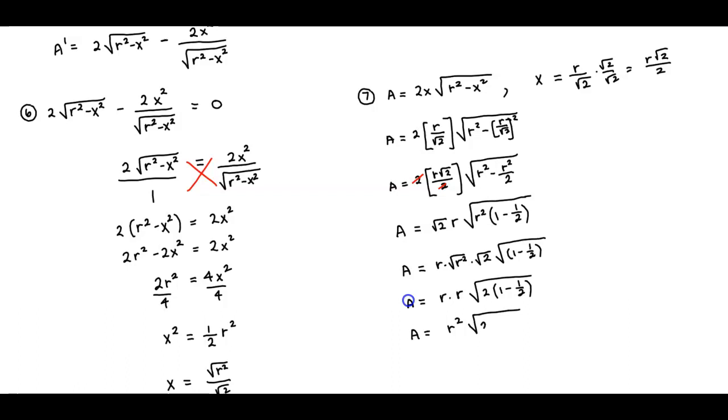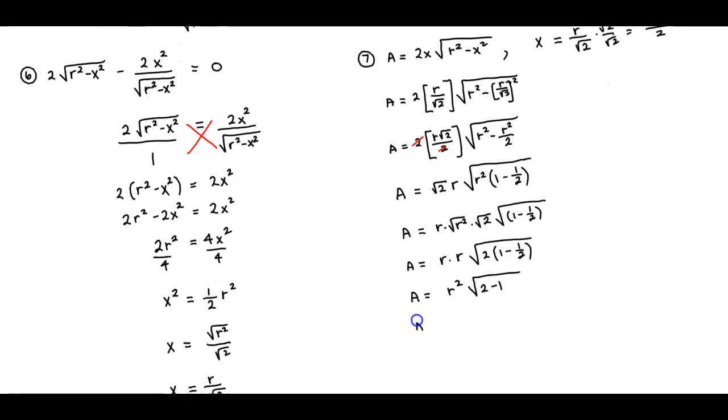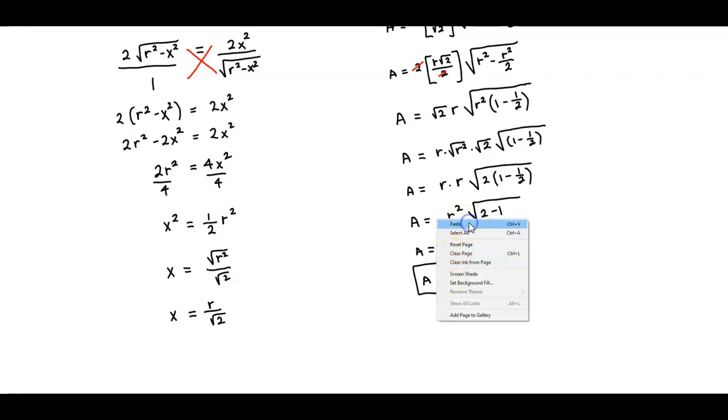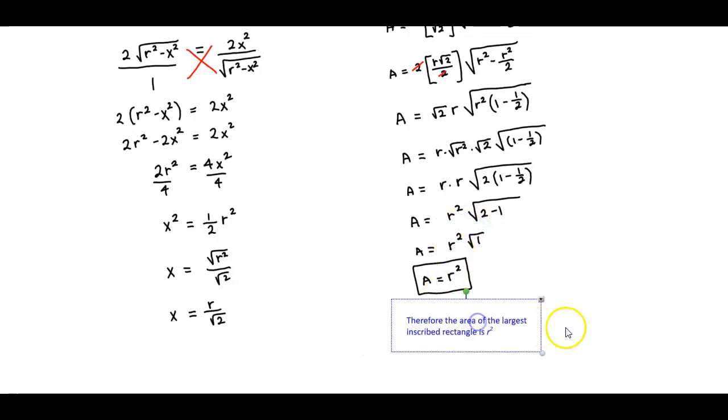Distributing the 2, we get 2 minus 1. So the square root of 2 minus 1 is the square root of 1, which is just 1. So we get A equal to r squared. And therefore, the area of the largest inscribed rectangle is r squared.